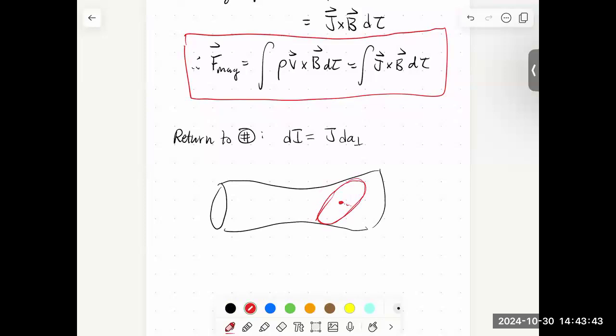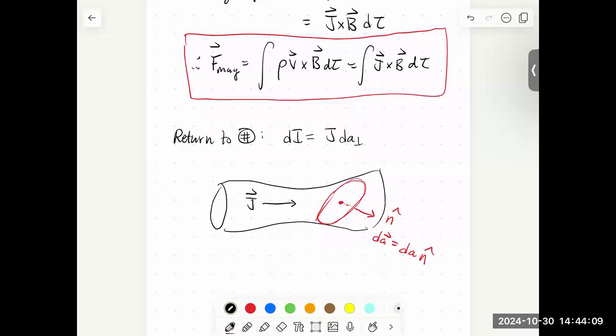So if I put a normal vector, it'll be something like this. And so I'm going to say dA is equal to whatever that area is times that normal vector. Okay, and then we imagine that we have our current density in here, flowing in this direction.